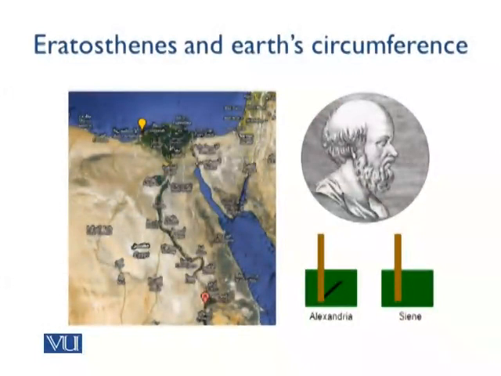He read that in a city which is south of Alexandria, a city known as Syene, during the longest day of the year, the book said that the sun is exactly above the ground in such a way that if you were to put a vertical stick on the ground, the sun will not cause a shadow to be created, which meant essentially that the sun is exactly overhead.